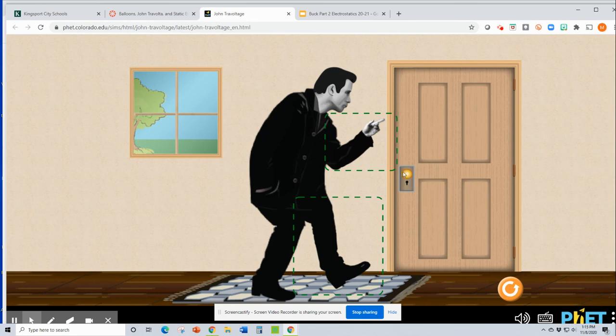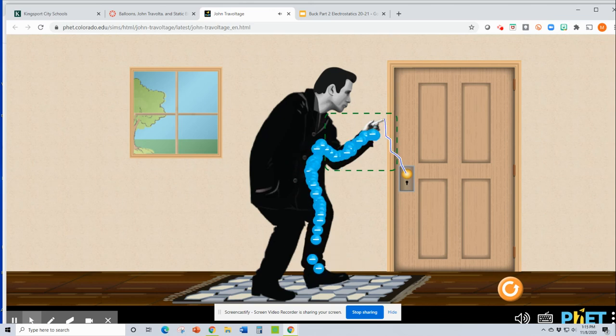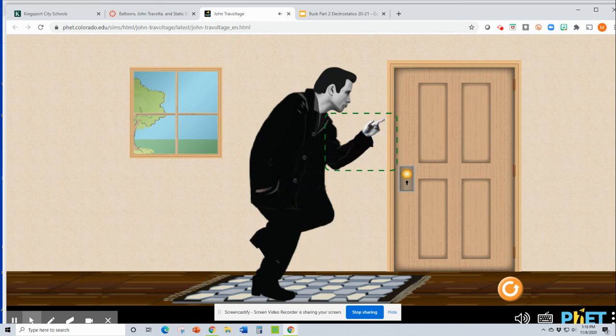And you notice here is a metal doorknob. And oh, I'm going to get some electrons from that carpet. See? Oh, look at that. Those electrons, and they're going to go. There's that metal. Metal lets electrons move through it pretty easily. We've got a couple of questions for you there. And there you go. And we'll let you mess around with Mr.